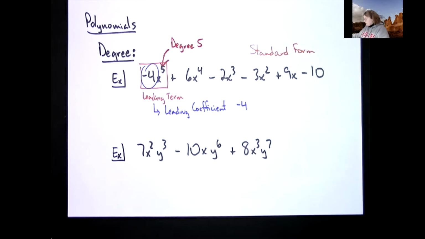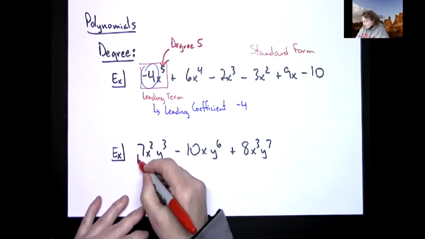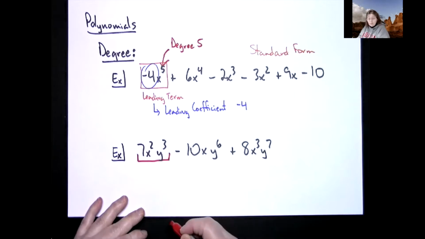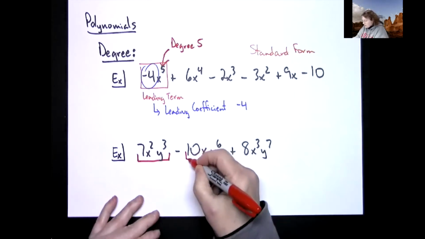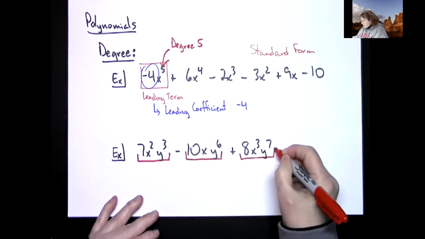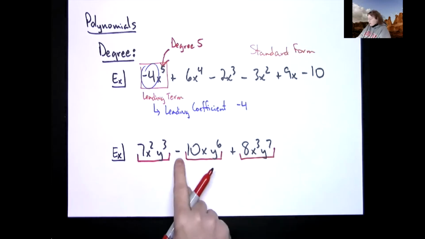To find the leading term, the leading coefficient and the degree, you have to find the degree of each individual term. Terms are things that are all multiplied together and then separated by plus or minus signs. So this is a term, this is a term, and this is a term, separated by that minus sign and that plus sign.